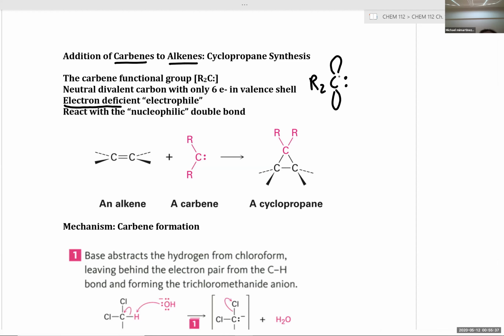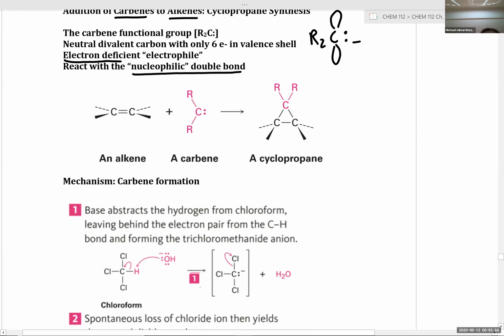So carbenes overall are electron deficient, and they react with nucleophilic alkenes. So I like to think of carbenes as like plus minus. They have an electrophilic empty p orbital and a lone pair that is able to function similar to a nucleophile.